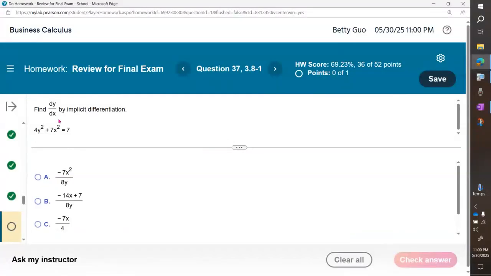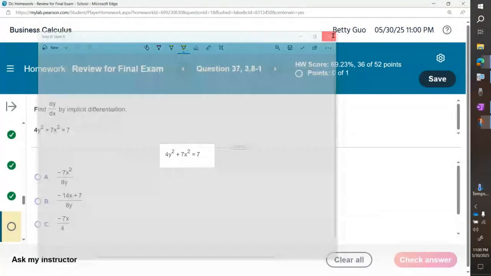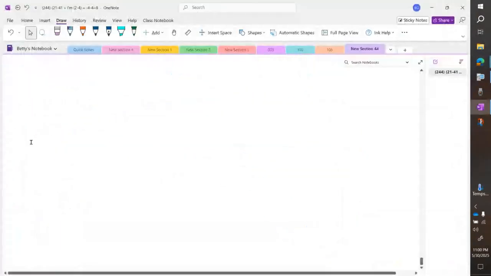37. Find the derivative by implicit differentiation. Okay, find dy dx. I hope you have learned the basics about implicit differentiation.